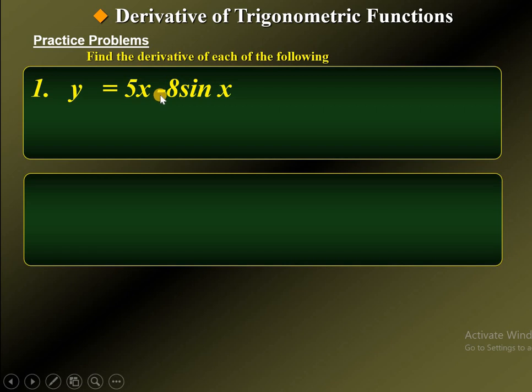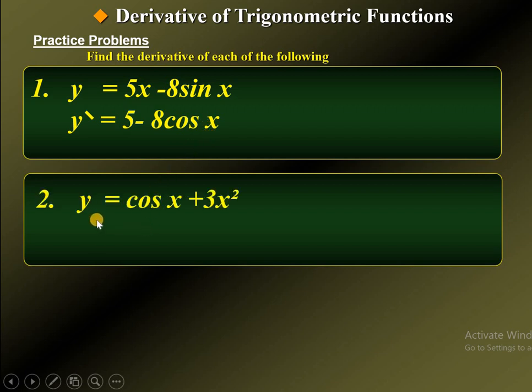So I'm going to evaluate the first term derivative and then the second term derivative. As we studied, derivative of 5x is only 5, and negative 8 sine x, the constant stays as it is, but the sine switches to be cosine. Derivative of negative 8 sine x equals negative 8 cosine x.